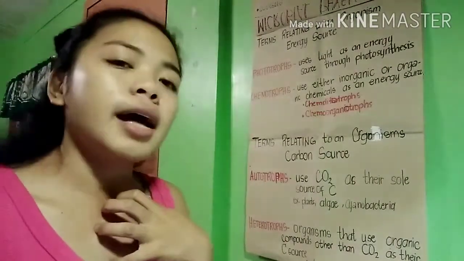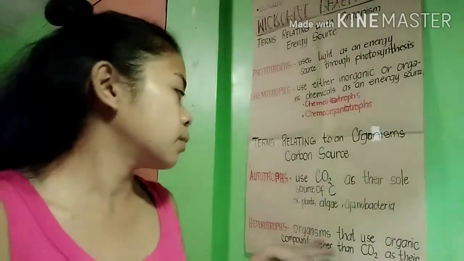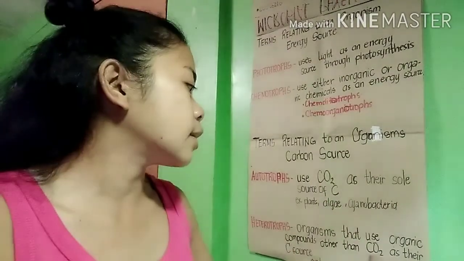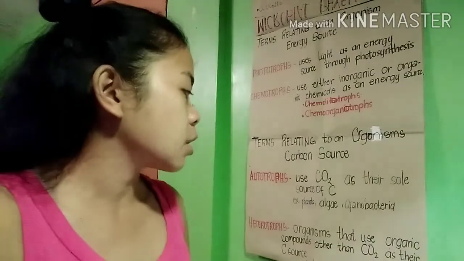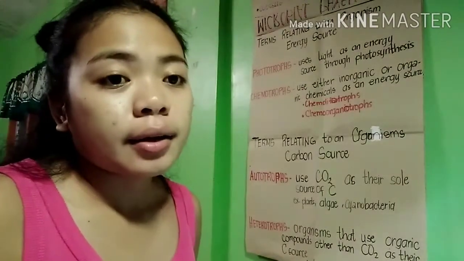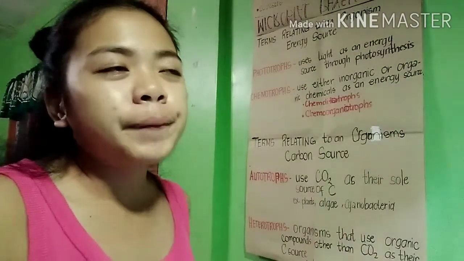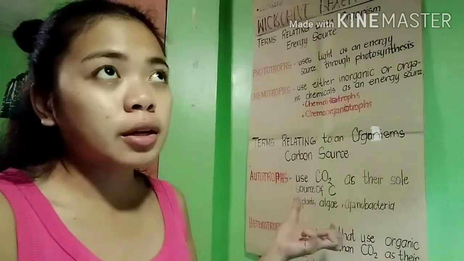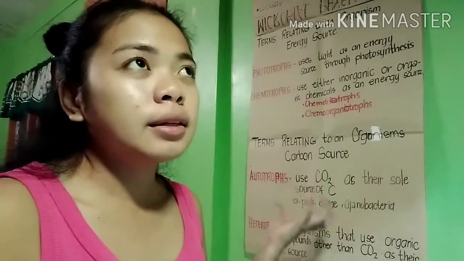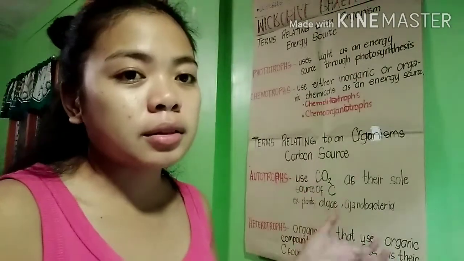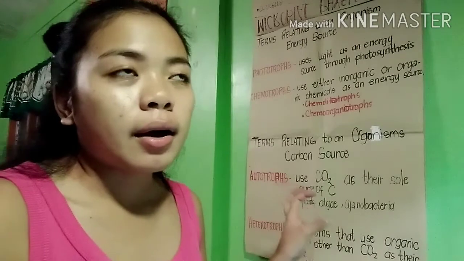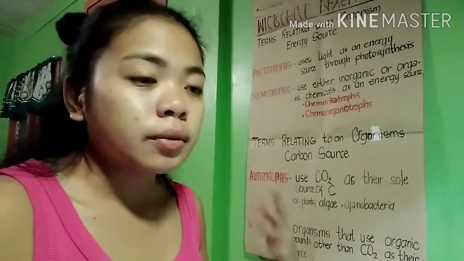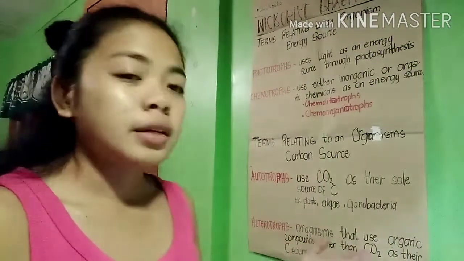So the next is the heterotrophs. A heterotroph is an organism that uses organic compounds other than carbon dioxide as its carbon source. Regardless of the presence of a carbon source, they need organic chemicals for their necessity.